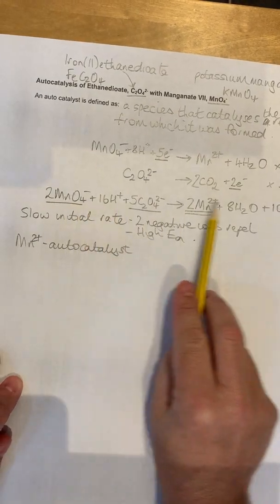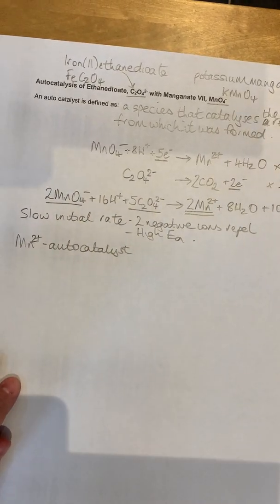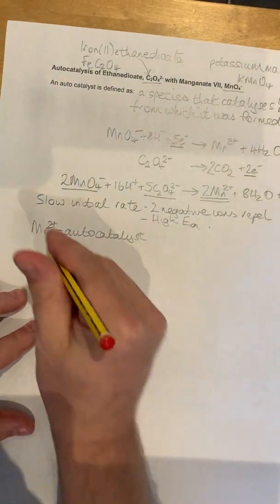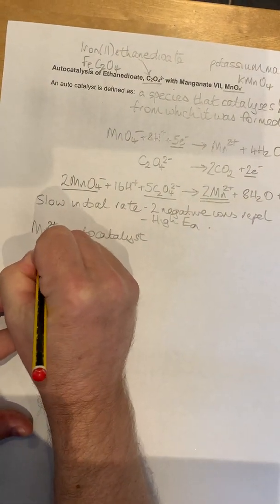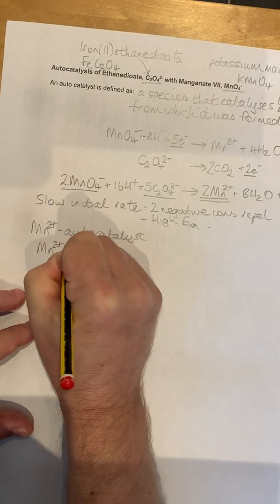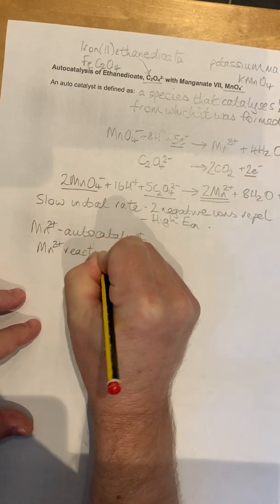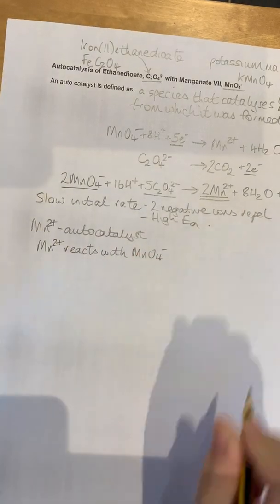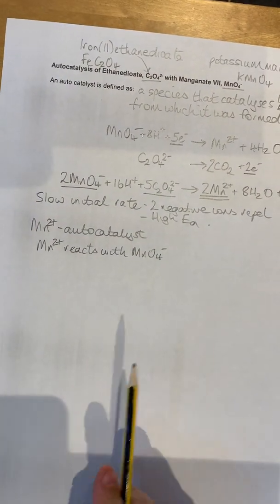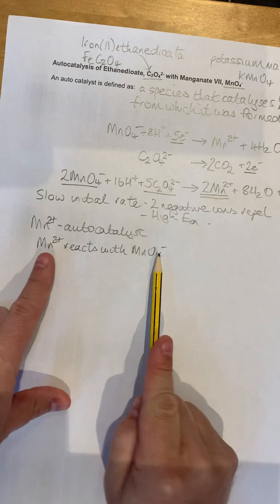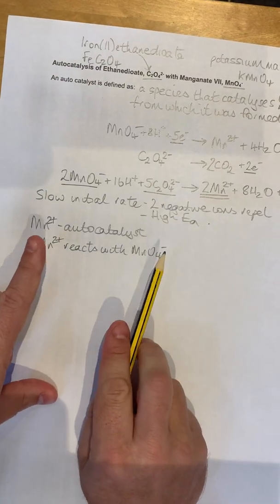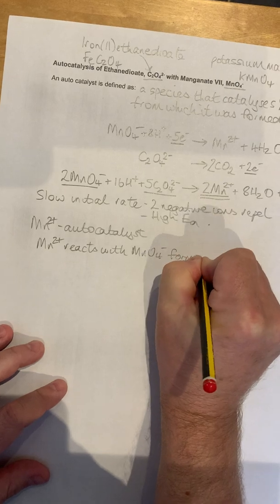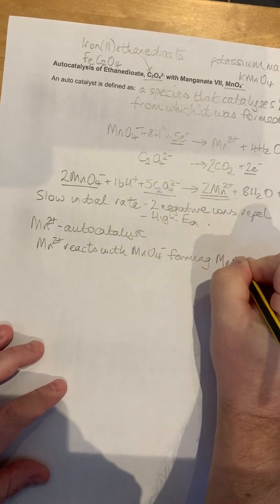So we have that reaction occurring very slowly in the first instance. We start to build up Mn2+. Now Mn2+ reacts with MnO4-. So you can see immediately we've got opposite charges. So these are going to react, and it forms Mn3+.